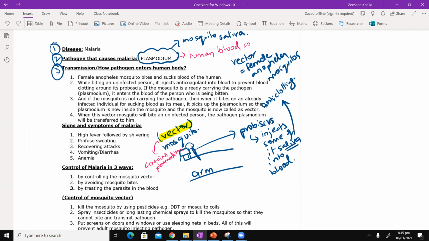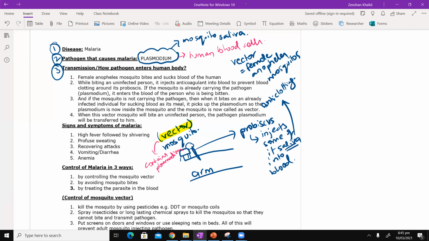So if a person is affected with plasmodium and a mosquito that is not carrying the plasmodium comes and sucks on the blood, guess what happens? As the blood goes from the infected person into the mosquito, it is now carrying the plasmodium because it has sucked the blood which contained the plasmodium, and therefore it is known as the vector.